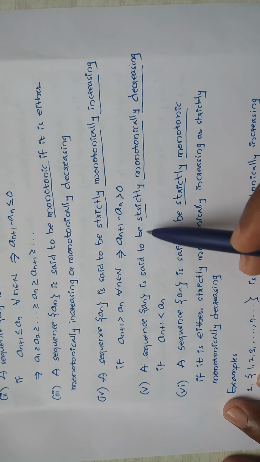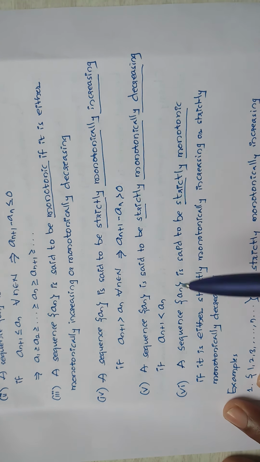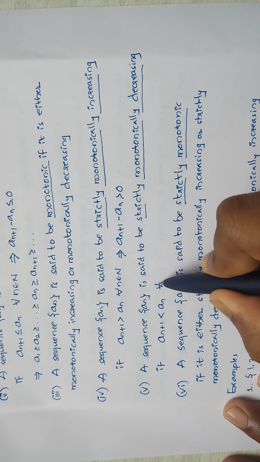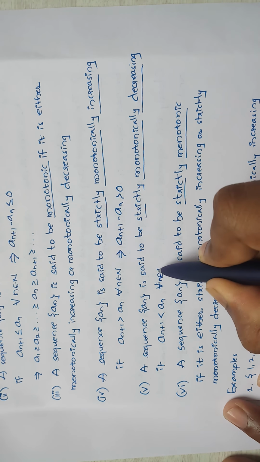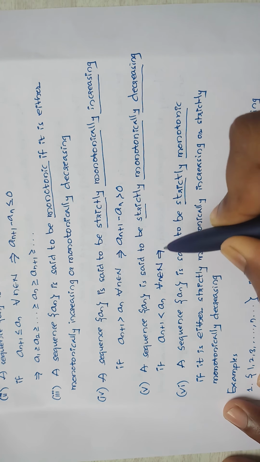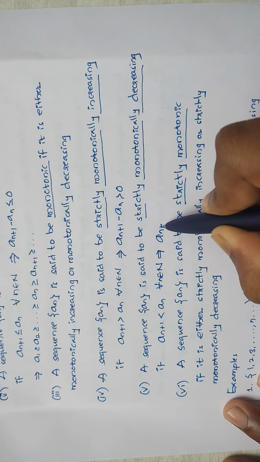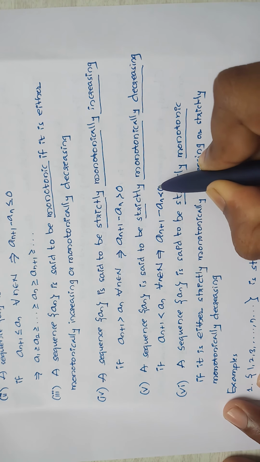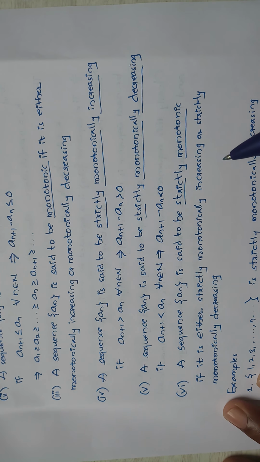A sequence a_n is said to be strictly monotonically decreasing if a_(n+1) is less than a_n for all n belongs to N, and this can be expressed as a_(n+1) minus a_n is less than 0.